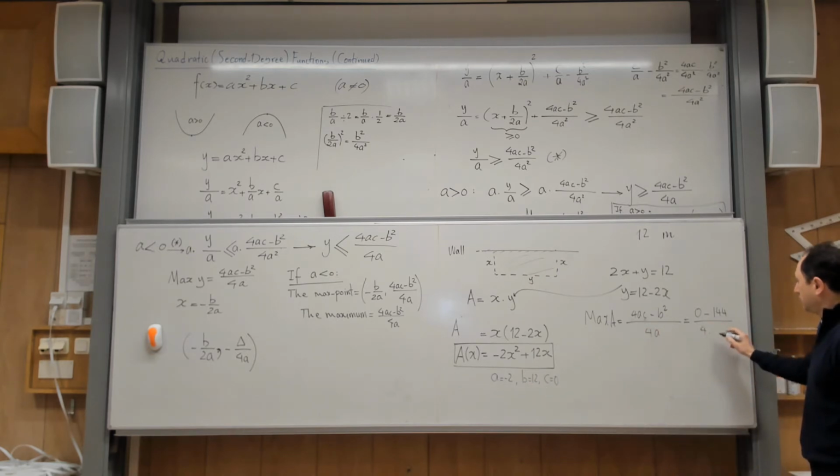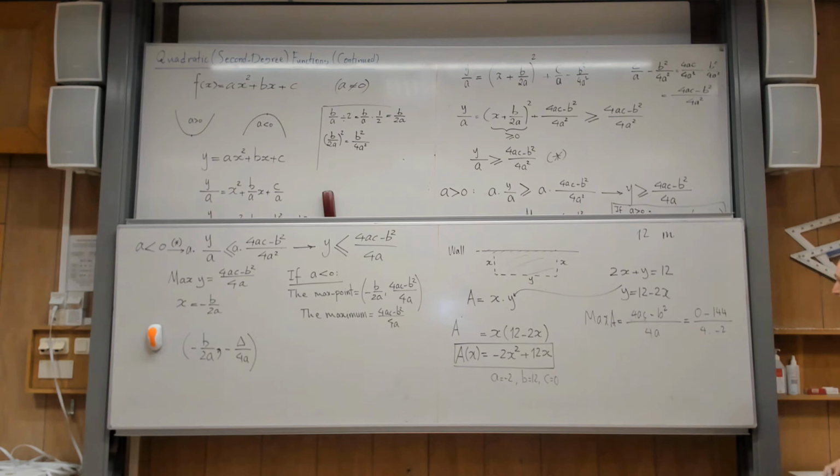Yes, you are right. Thank you. 4 times minus 2. So it becomes minus 144 divided by minus 8. So what is that number? This is positive. I divide by 2, 72, and then 36 and 18.